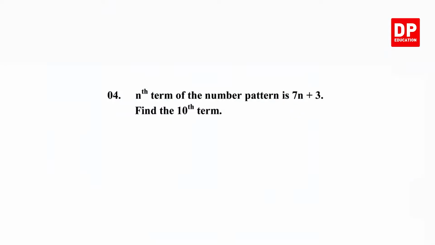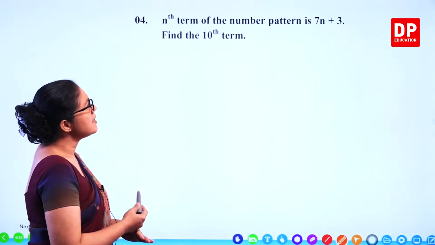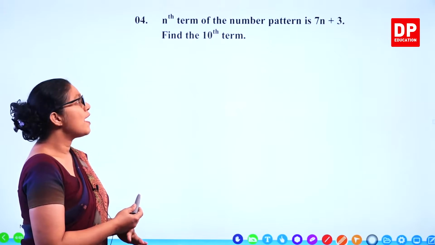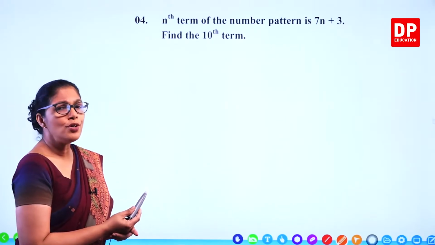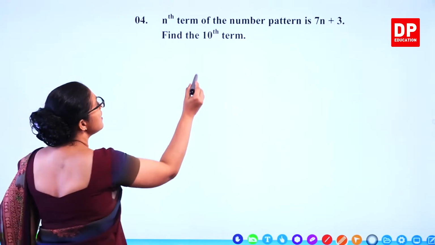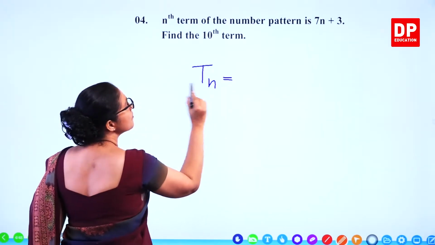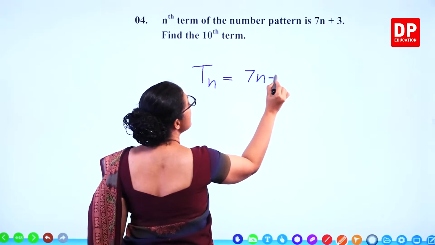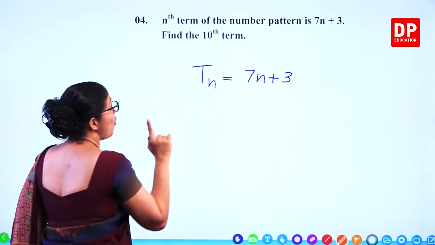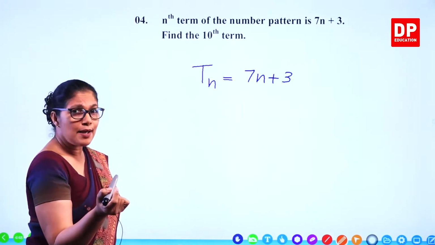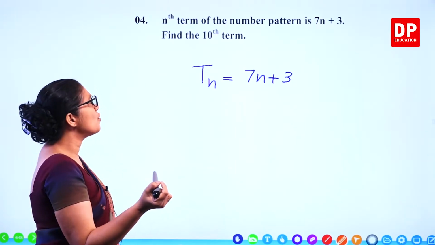Question number 4. The nth term of the number pattern is 7n plus 3. Find the 10th term. What is the n value here? n is equal to 10. So Tn, the nth term, is 7n plus 3. If you want the 10th term, n is 10. If you want the second term, you substitute n equals 2.